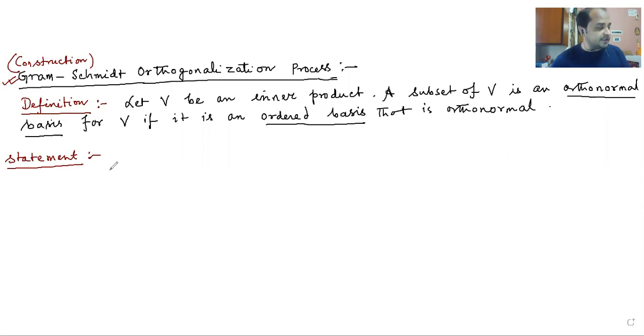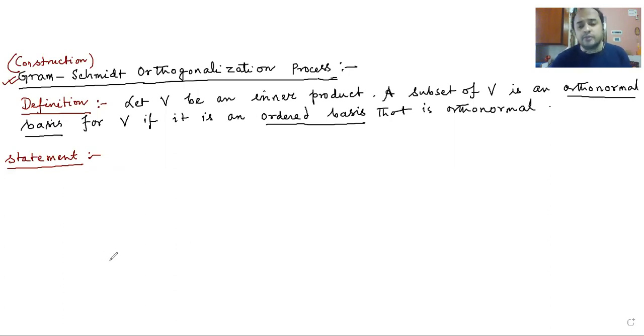It is there in chapter 6, Gram-Schmidt orthogonalization process. In my research days, when I did research on quantum computing, we used the Gram-Schmidt orthogonalization process a number of times. That is from my personal experience; I am saying it is very useful and very important.